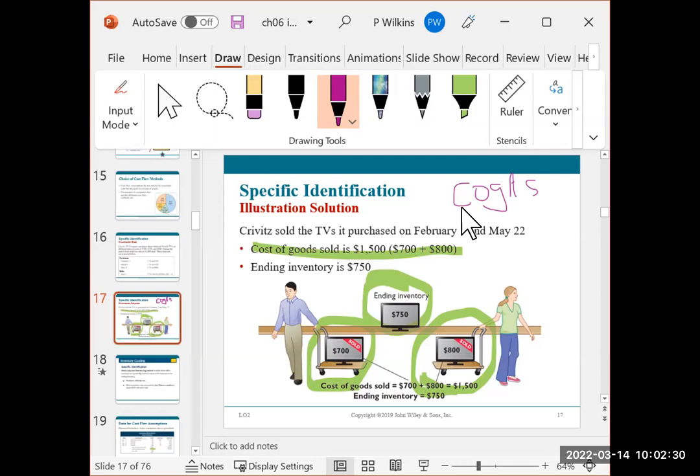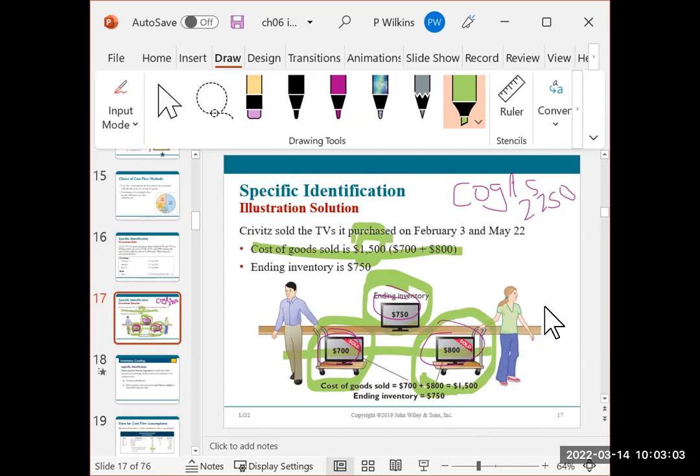So the cost of goods available for sale for this problem would be 700 plus 750 plus 800. So that's $2,250, okay? The cost of goods sold in specific identification is the cost of the 2 items that were sold. And so here we have the 700 and the 800, that gives us the $1,500 sold, right?